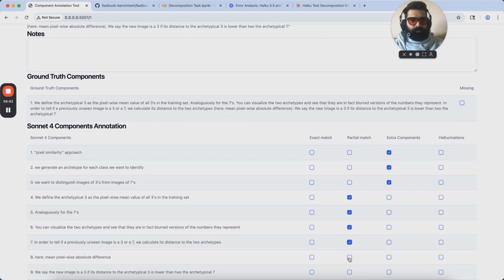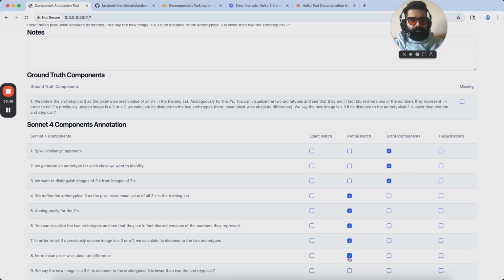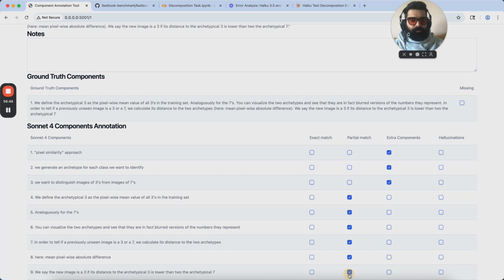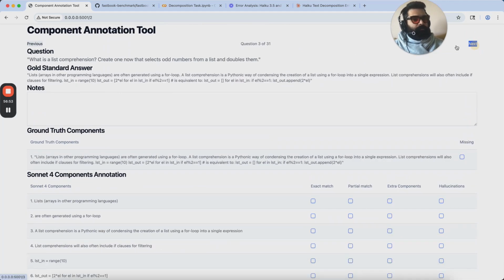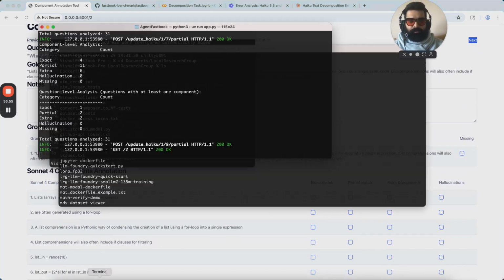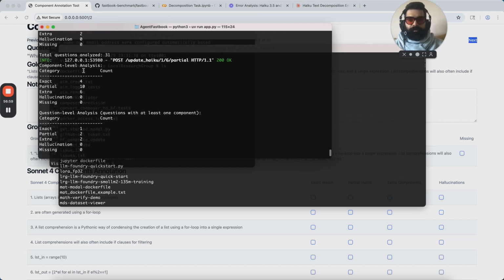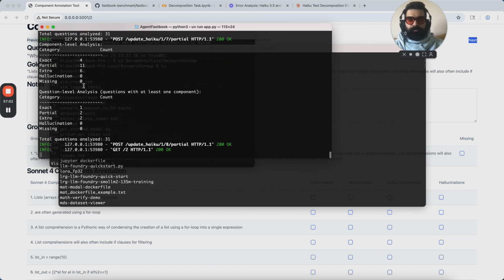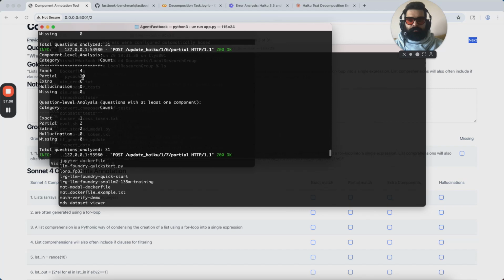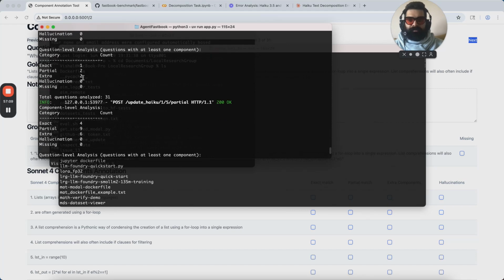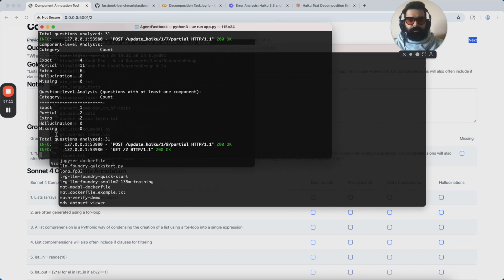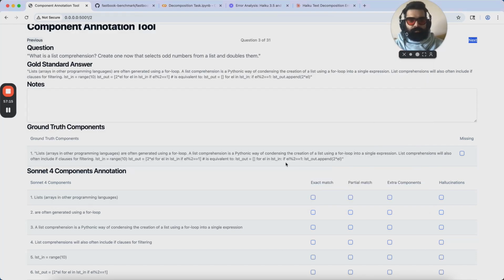Partial. Partial. Partial. And none of them are missing. Okay, so our partials has gone up from 10 to 11. Or no, I see. Never mind. Yeah, we can't really tell, but that's fine. Total questions analyzed, 31. That's not correct, but that's fine.